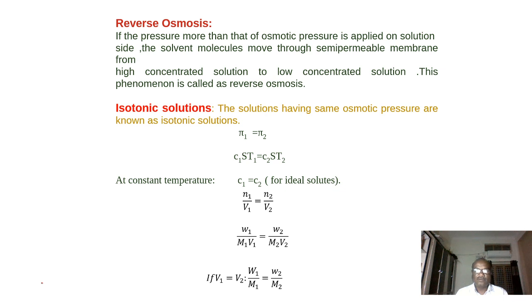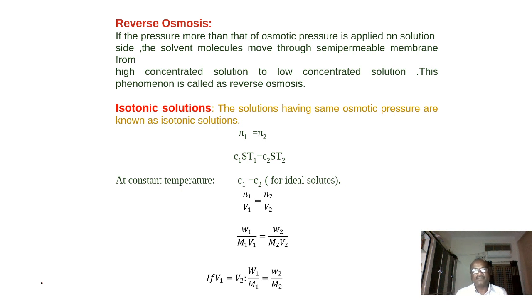When the hydrostatic pressure developed on the solution side reaches equilibrium, the process of osmosis stops. The pressure which is just enough to prevent osmosis is called osmotic pressure, and it is applied on the solution side.